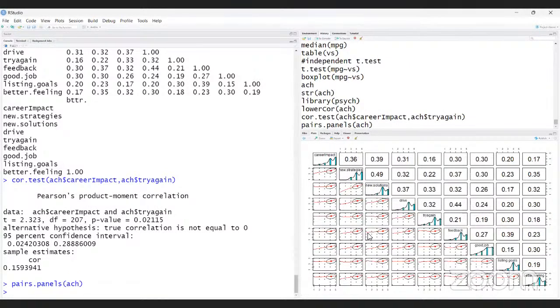And this is the histogram. And this is the correlation coefficient. So all things are available here. These are the regression lines of each of the variables. Yes, the red one for each variable.